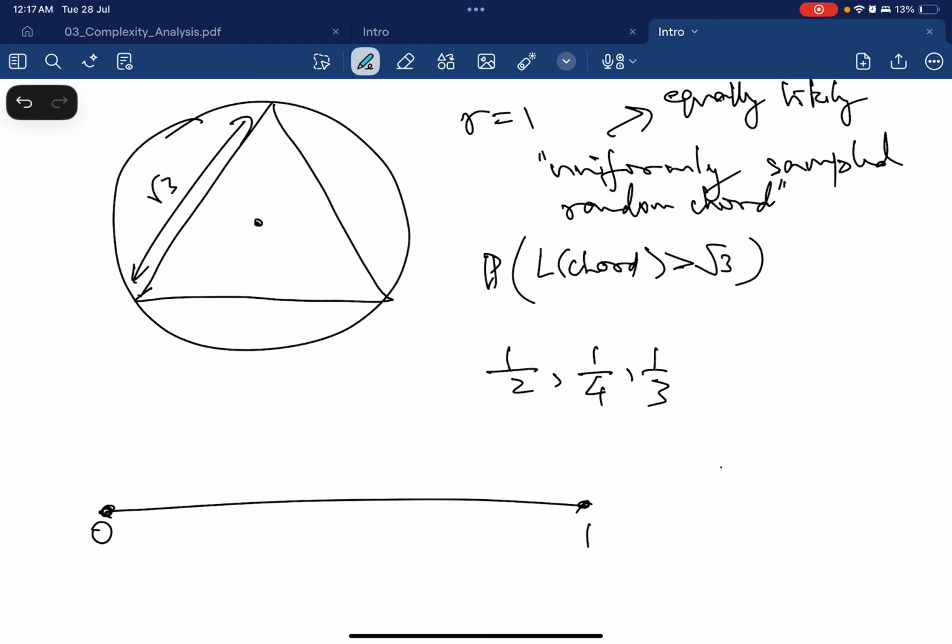You have some number q from 0 to 1, and every number is equally likely. q is equally likely to take 0.5, 0.51, 0.1, or 0.9999994. It is equally likely to take all these numbers. So that is what uniformly sampled is supposed to mean.